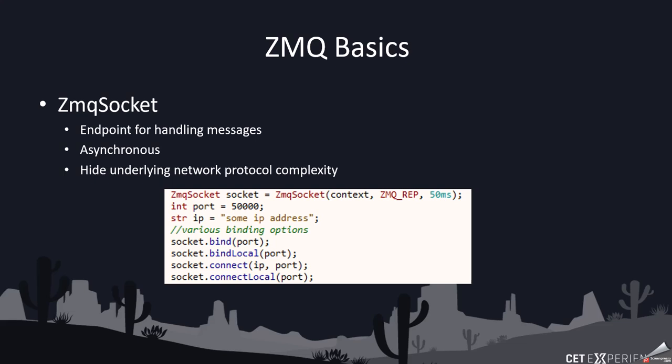One side will bind and the other side of your connection will use connect. Typically the one that starts first is using bind, and then the client would use connect. And then with connect, you can pass in the IP address of the other machine to connect to if you're not doing a local connection.